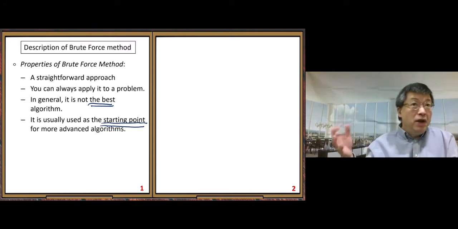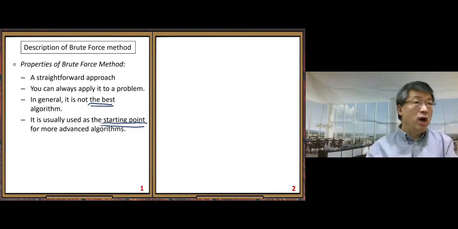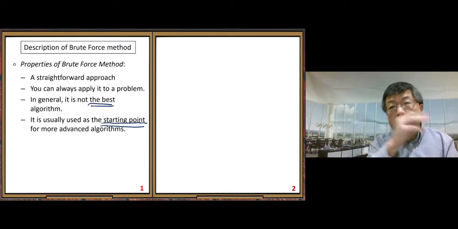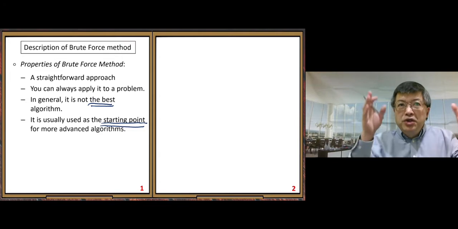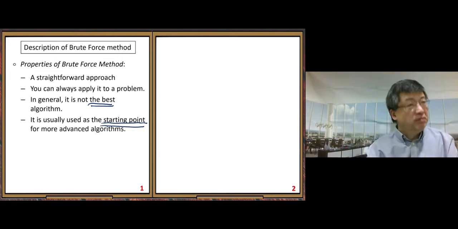Usually you have no idea how to get started, right? Because the problem is so hard. Many people do not have any idea how to solve it. So in your first try, you just try to solve it in any way you can.